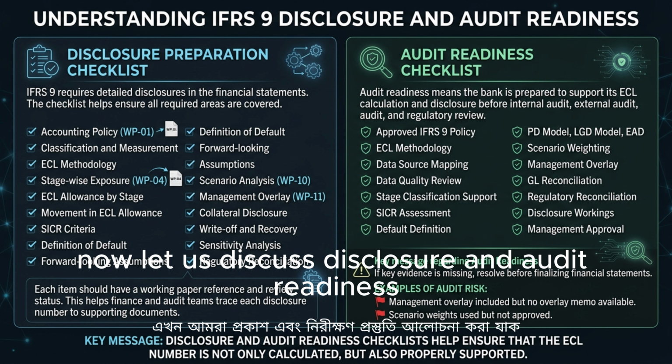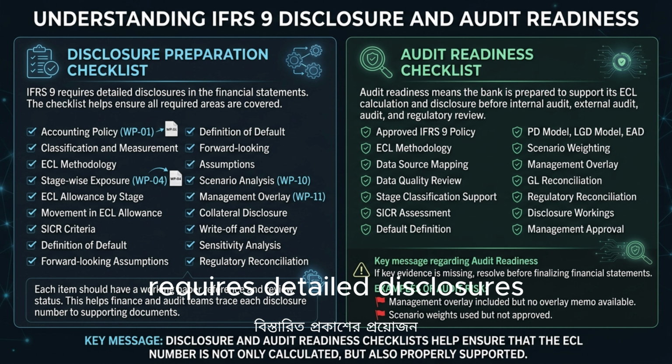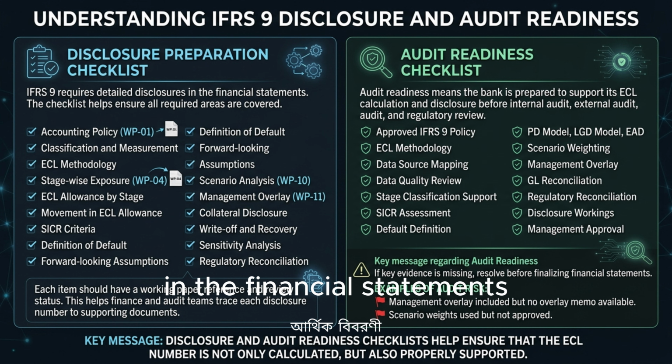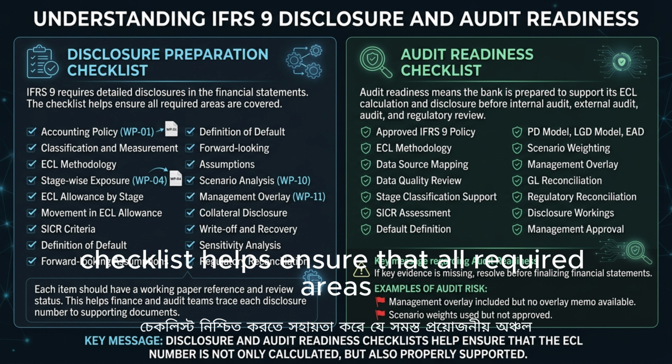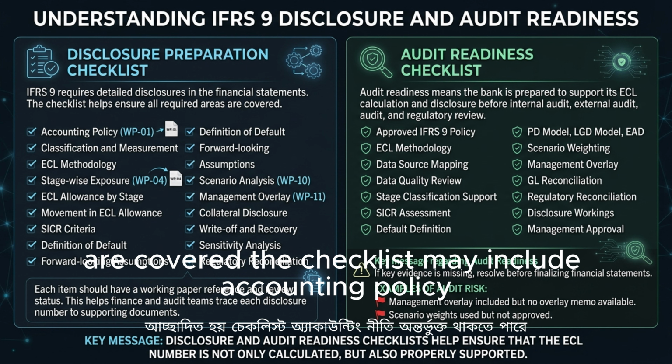Now let us discuss disclosure and audit readiness. IFRS 9 requires detailed disclosures in the financial statements. The disclosure preparation checklist helps ensure that all required areas are covered.